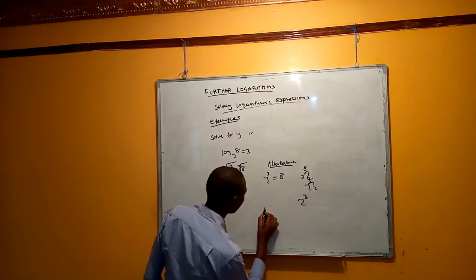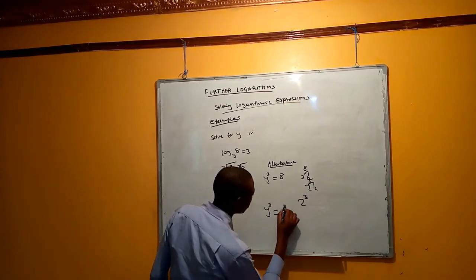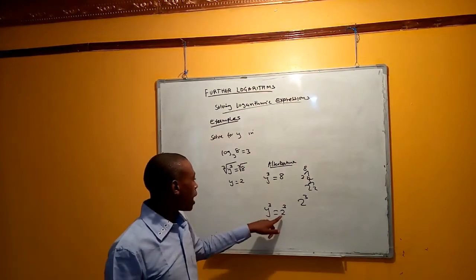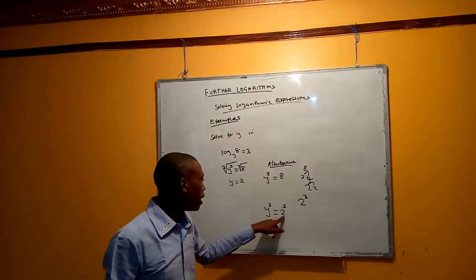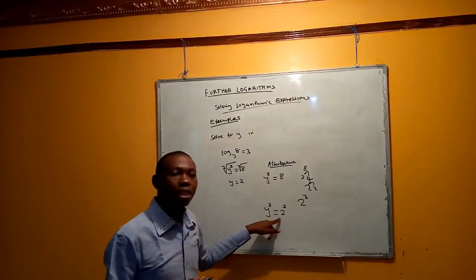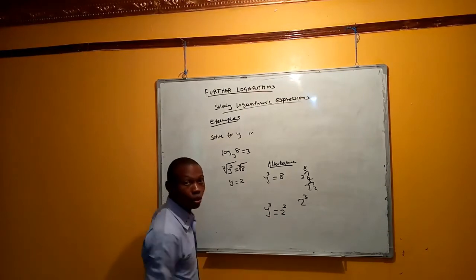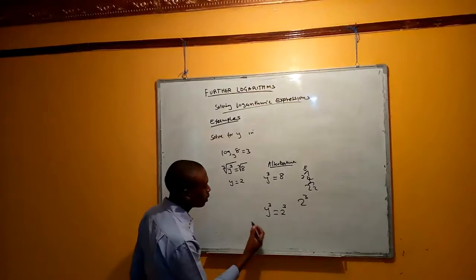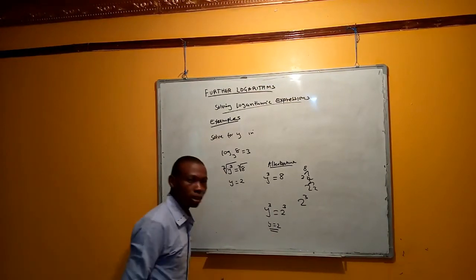So you can say that y raised to power 3 is equal to 2 raised to power 3. If the powers are the same, then the bases must be the same. So the value of y will be equivalent to 2, because now you cancel out the powers. So you are left with y is equal to 2. And that is the solution.